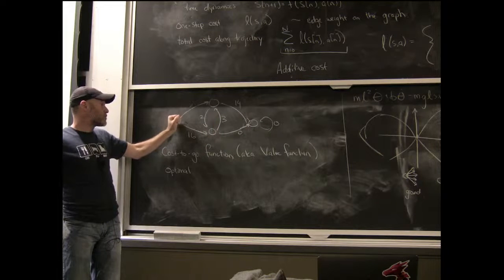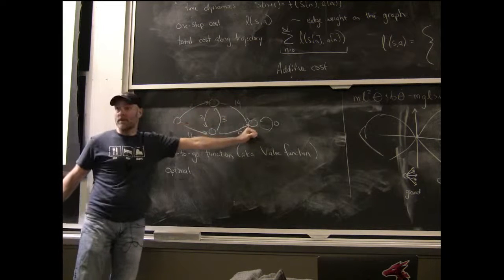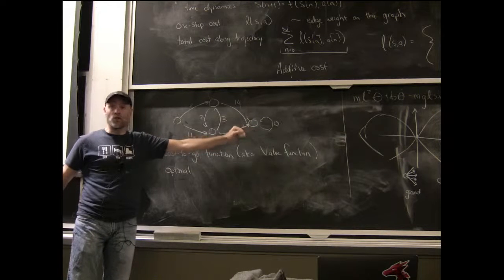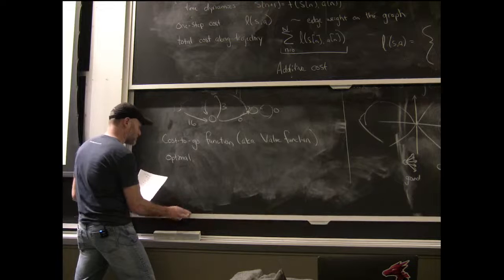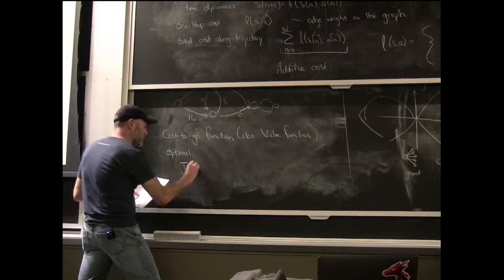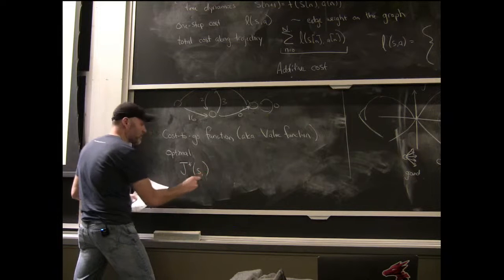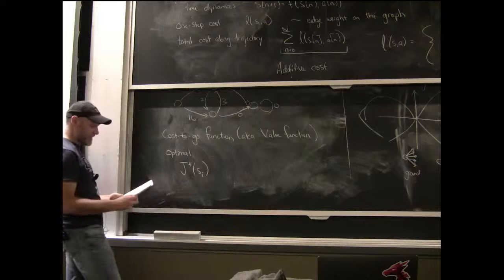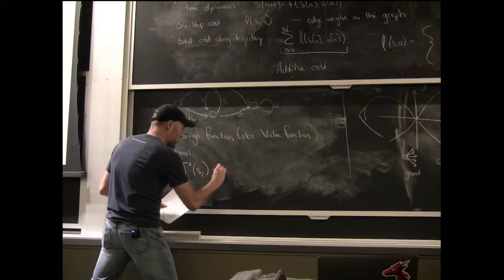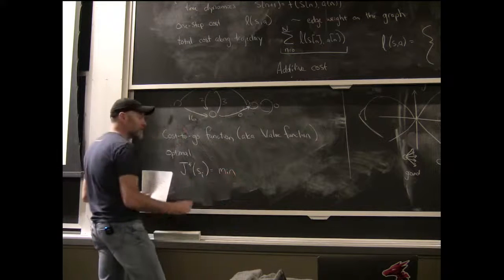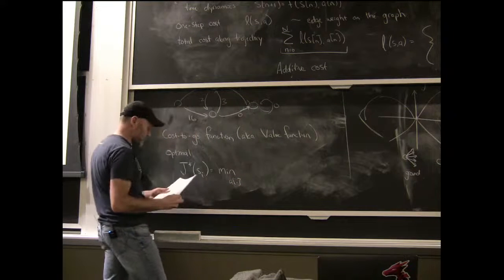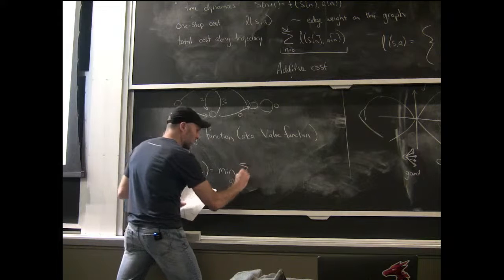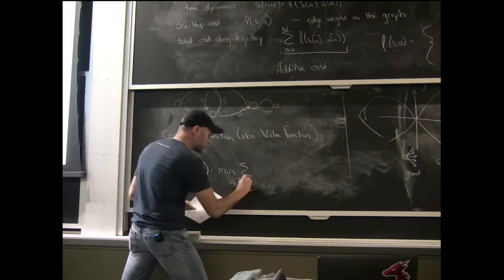But for any controller, you can ask, what is the cost I expect to accrue from this controller? And the optimal cost to go function says if I'm in some initial condition state Si, it would be the min over a long-term action. So all of my actions into the future, I've taken the optimal actions.